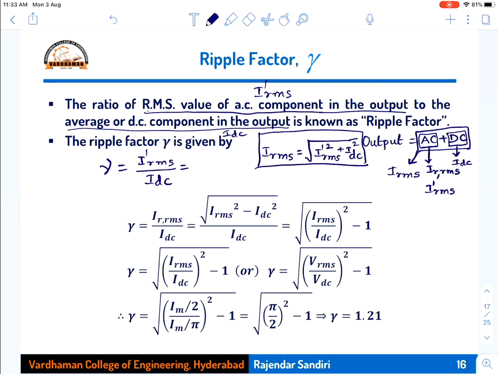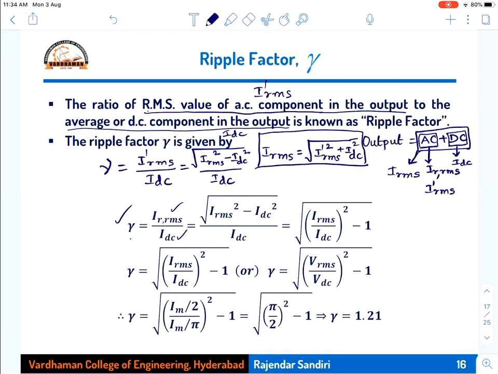If you bring IDC square to the left hand side, then I dash RMS will become under root of IRMS square minus IDC square, and the denominator is IDC as it is. Okay, so that's what is written here. Gamma is equal to I dash RMS by IDC; I dash RMS and IRMS are the same, the notation is different.